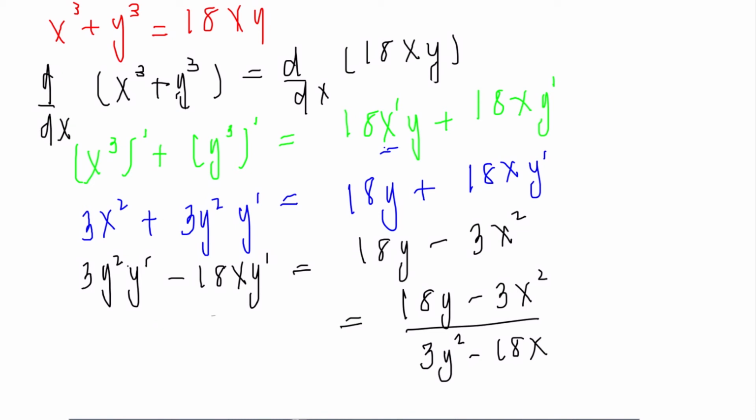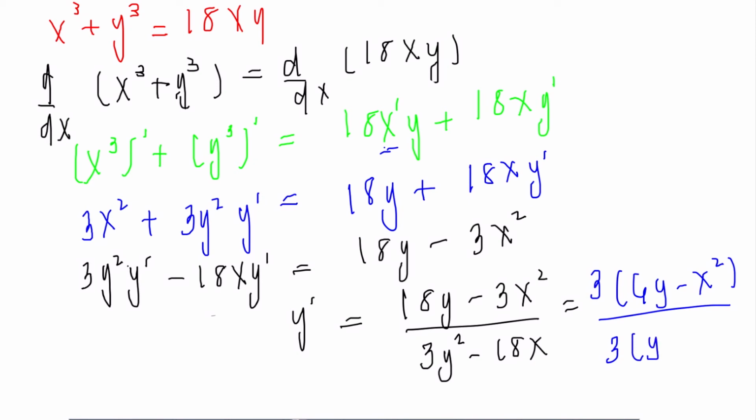Our y prime is basically equal to this, and we can further factor out 3 because it's common, so inside it's 6y minus x squared, all over 3 times y squared minus 6x. So we can cancel the 3s, and eventually what we have is this function.